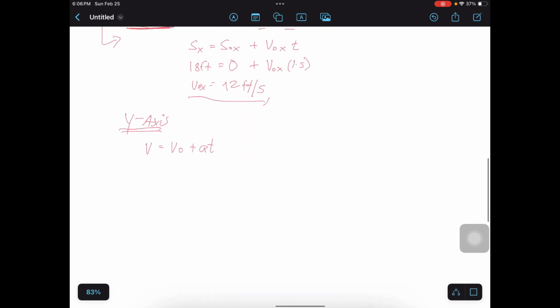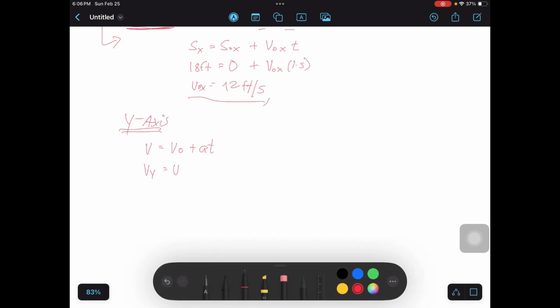So, kung gagamitin natin yan sa projectile along y-axis, ito ay VY equals VOY minus g, which in English unit is 32.2, times time 1.5. Ayan. May dalawa na lang variables natin.